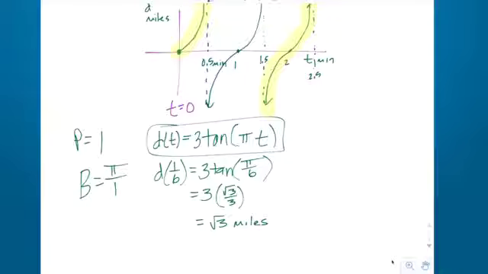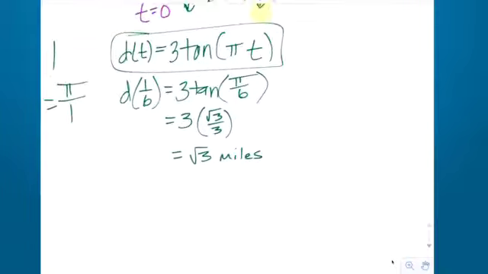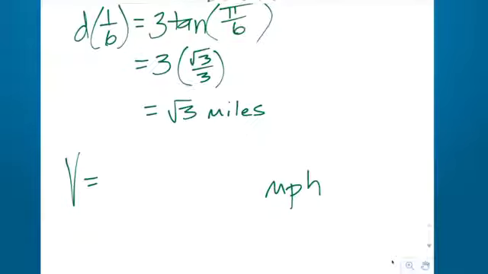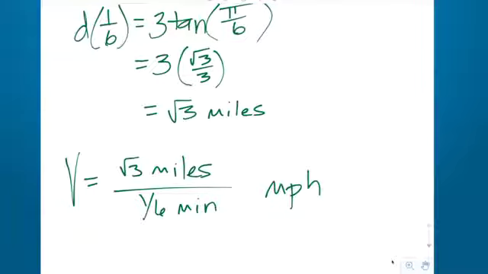In fact, let us see how fast that light beam is traveling down the shore at that moment. In other words, let's figure out its linear velocity. Well, linear velocity v, let's just measure it in miles per hour. So you can just do this by stoichiometry. We know it travels the square root of 3 miles in how many minutes? 1/6 of a minute. Well, we don't want miles per minute, so let's convert minutes to hours. 60 minutes in 1 hour.